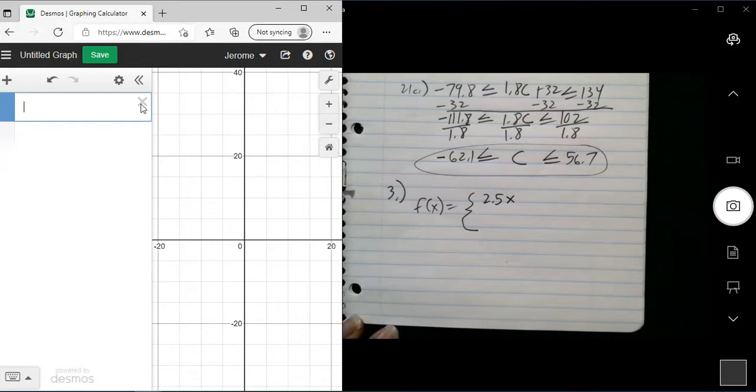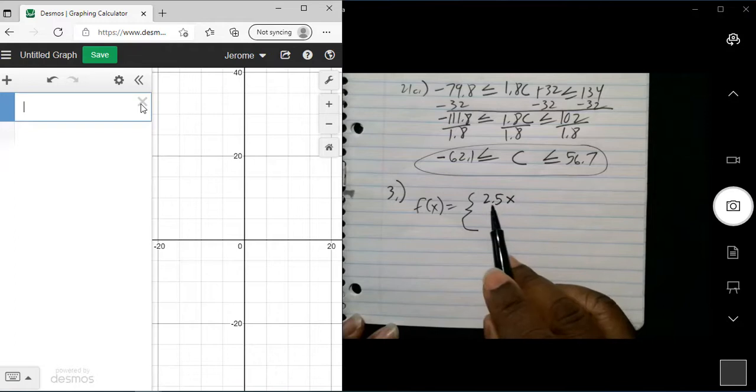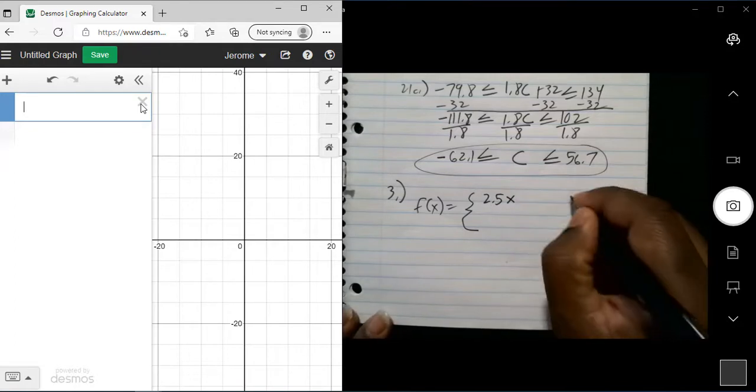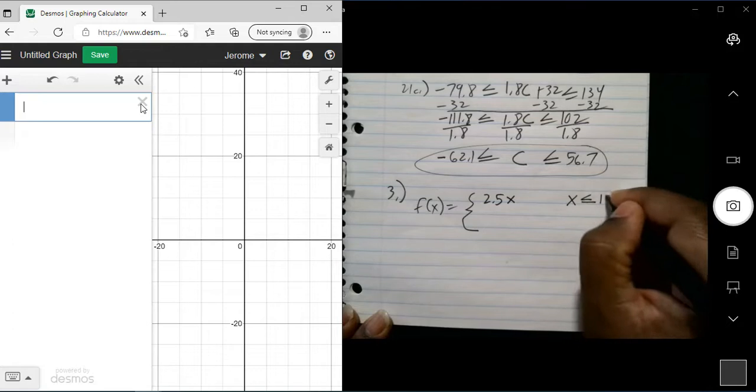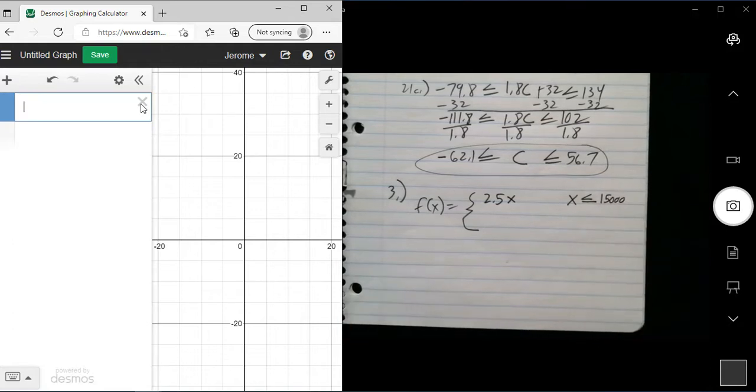All right, now we have to put a rule with this 2.5x. So x must be less than or equal to 15,000 copies. As they said, you would make 10% royalties up to 15,000 copies. So that'll be from 0 to 15,000. Okay, so that took care of the first value.